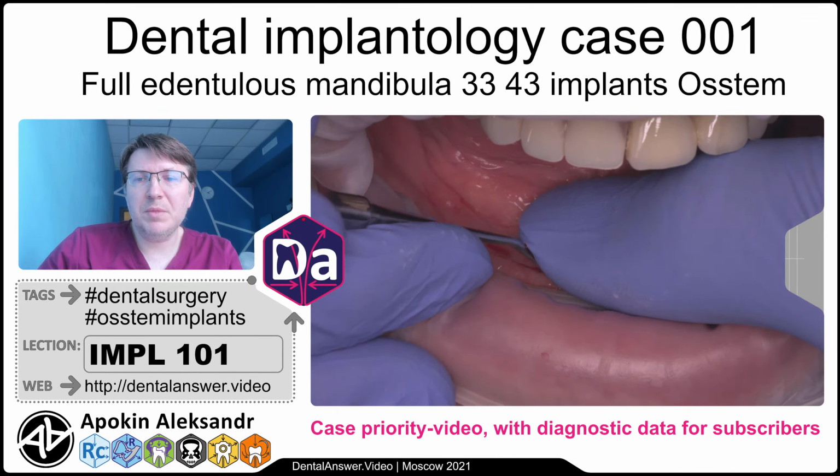Today we're using Osstem implants. I like it very much. I have worked with them for some years, and it's a very good production, a very logical and quality implant system.